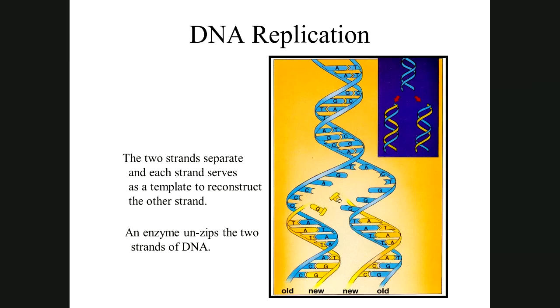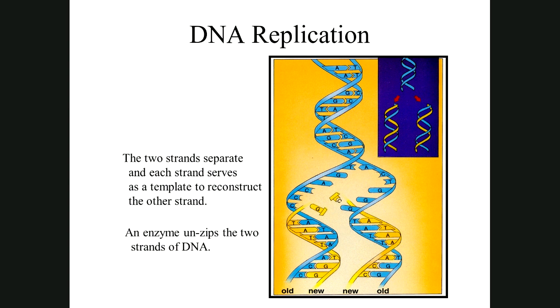Now this is DNA replication, and this is how it actually happens. We'll look at that in just a moment. This is called the semi-conservative method here. In DNA replication, you can see that the strands are going to separate. So in the writing over here, it says the two strands separate, and each strand serves as a template to reconstruct the other strand.